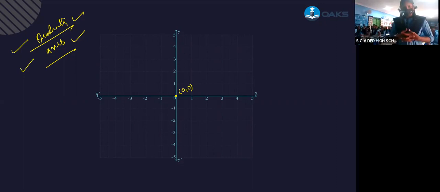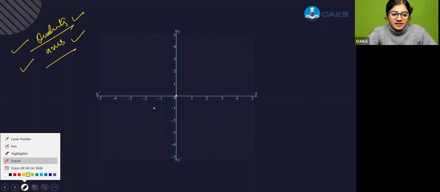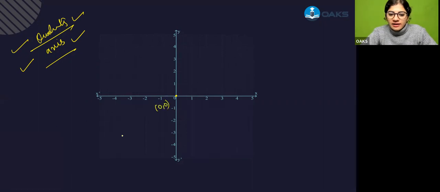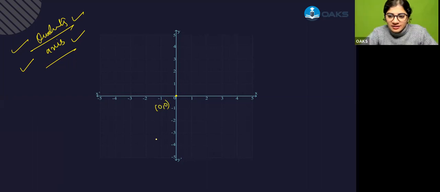First quadrant, ma'am. Okay, you are saying first quadrant. If I write the point here, will you say this will lie in the third quadrant? Still in the first quadrant? Yes, ma'am. Okay, you can sit down.